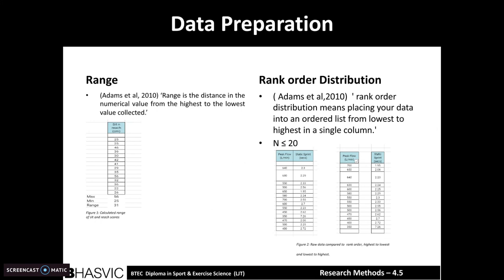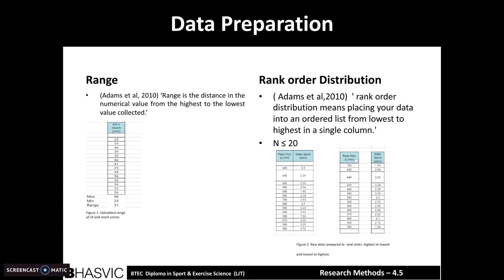An example of this could be if the researcher had the values of 1, 2, 2, 3, 4 and 11 centimetres for the sit and reach scores. The anomaly would be 11 as it is not in close proximity to the other values, so the range of this data would be 10, as 11 take away 1 is 10, showing the difference of the highest value to the lowest value.